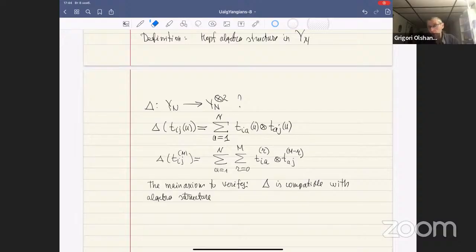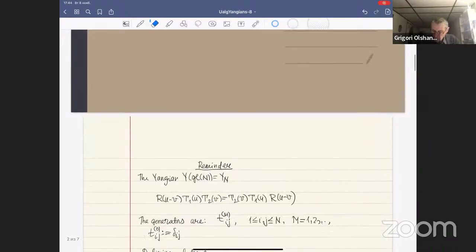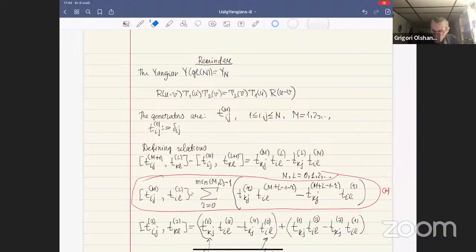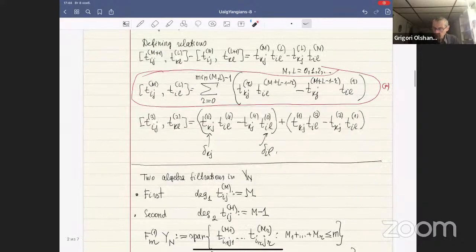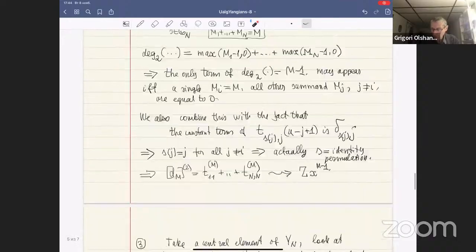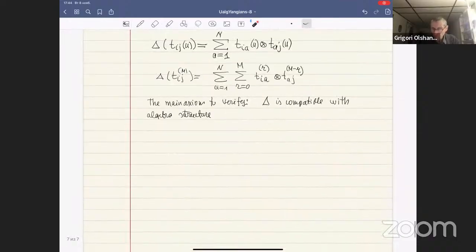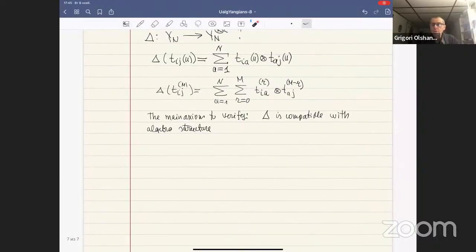How to do this? One idea is to go to the very beginning, to these defining relations, and try to verify that they are preserved. But there is an easier way to do this, namely to manipulate with the RTT presentation.